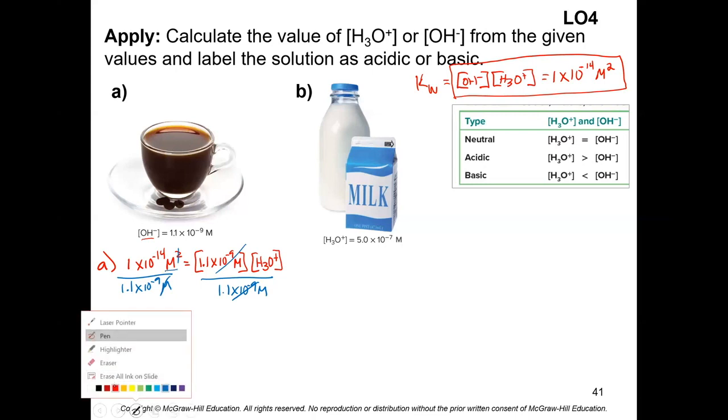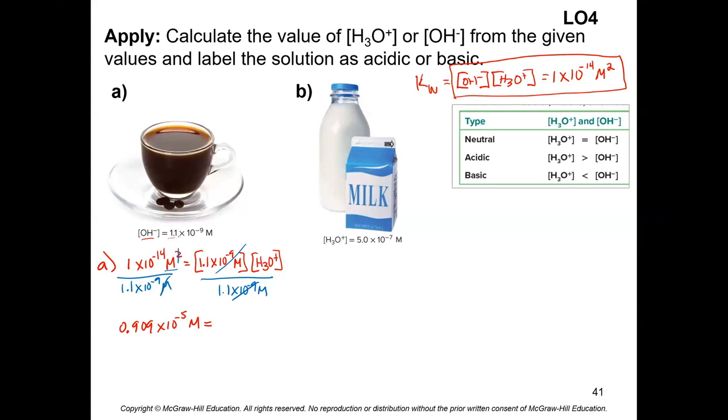All right, so when you plug that into your calculator, what you will get is 0.909 times 10 to the negative 5 molar. Okay. But we're going to notice that we can only have 2 significant digits here. So that means 1 and 2. This is the last digit I can have. So I'm going to look at its neighbor.